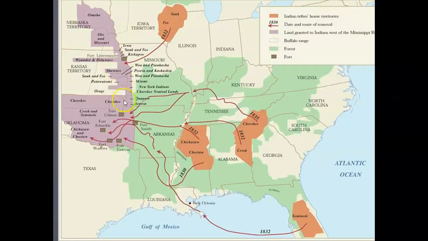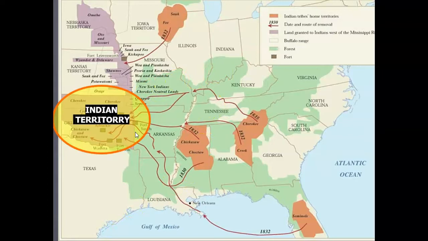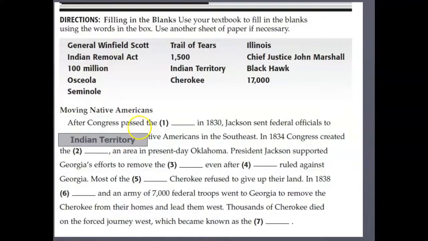You can see a bunch of them, and you can also see the locations where they wanted them to resettle. So this would be the Indian Territory where they want to relocate these natives that are east of the Mississippi, west of the Mississippi.